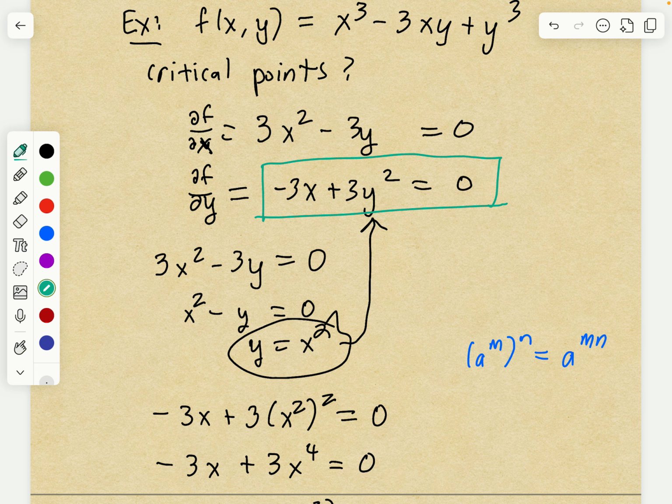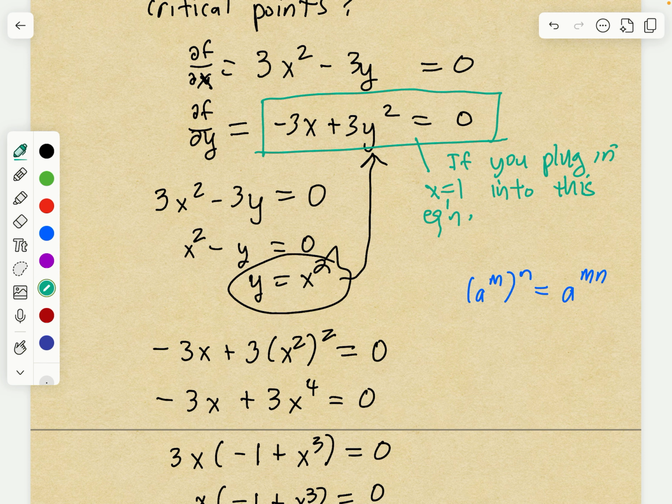If you plug x equal to 1 into this equation, what you would get is -3 plus 3y squared is equal to 0.